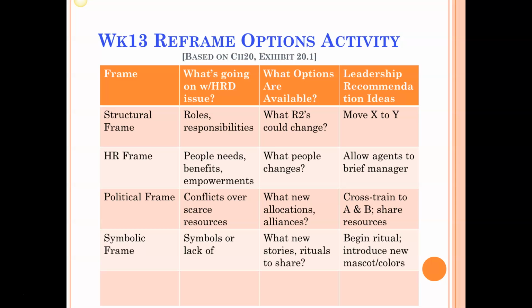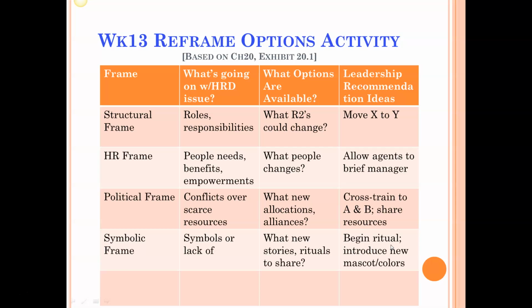What are the rituals that are there to share? And maybe we need a new mascot. Maybe we need colors that truly identify our organization. So what new ritual might we begin in our leadership recommendation? Maybe it's an onboarding ritual.